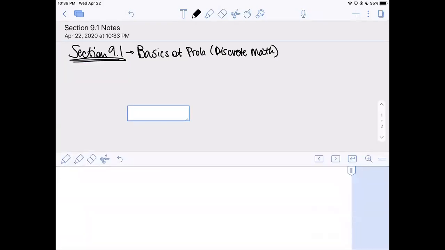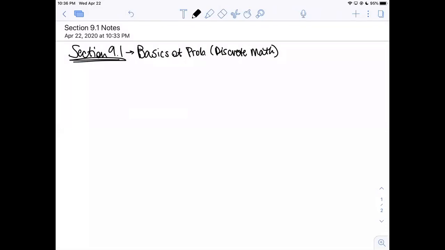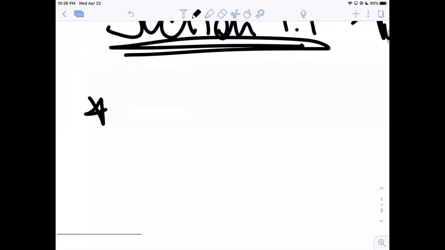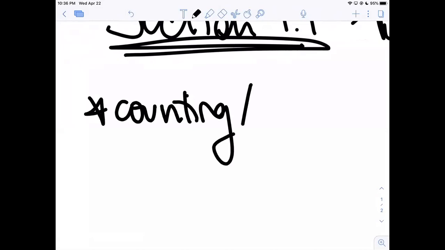Okay, so what we're going to start with is a basic counting principle. Mostly I'm going to write a problem and then we're going to solve them, and you're going to be able to go back to these problem types later on. This first concept though is called the counting / multiplication principle.